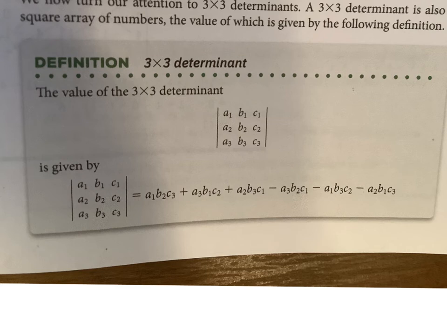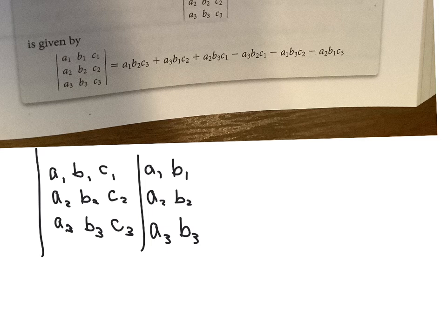And actually what we're going to do is rewrite this formula a little bit so it isn't so wonky. Here's the trick in order to solve these easier than trying to remember all of this stuff: we take our first two columns and we write them here. Then we can do A1, B2, C3, and that would give us here.